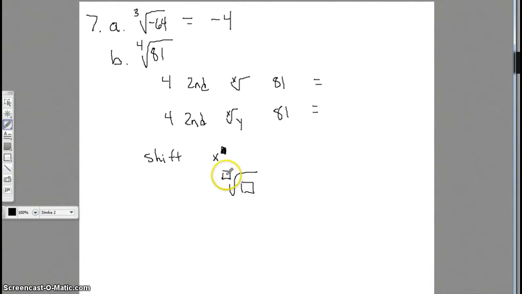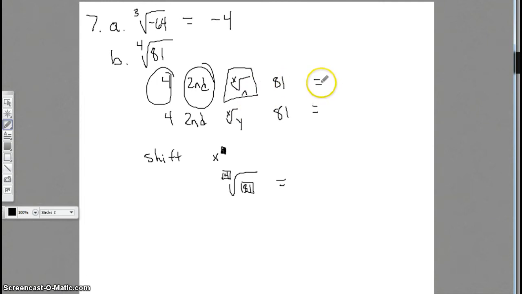And when you do that, you need to type a 4 in the square at the top, and then use the arrow button to move over here and type an 81 in the box, and then hit equal. So on the Casio calculator, you're going to hit 4 and then the second function, and then you'll see this in the second value for the caret button, and then you'll type the 81 and equals.